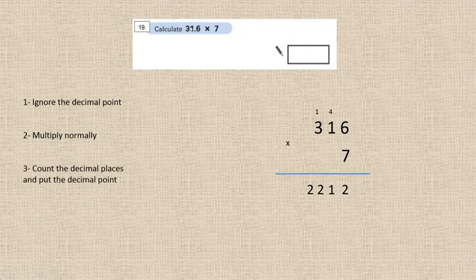When I count the decimal places here, I will walk one step only, one step in the answer. So the answer is going to be 221.2. 221.2 is the answer for question number two.